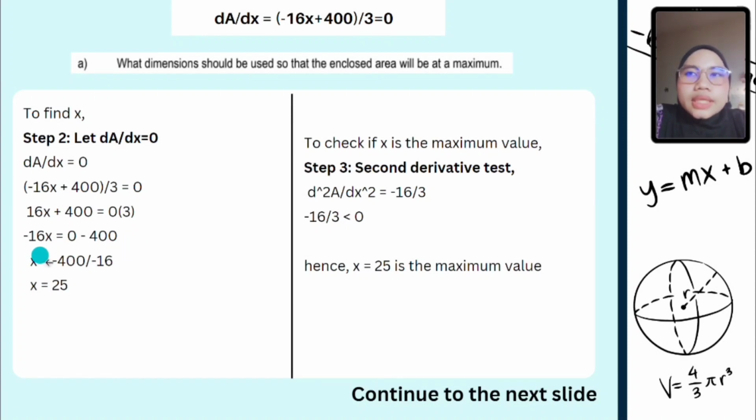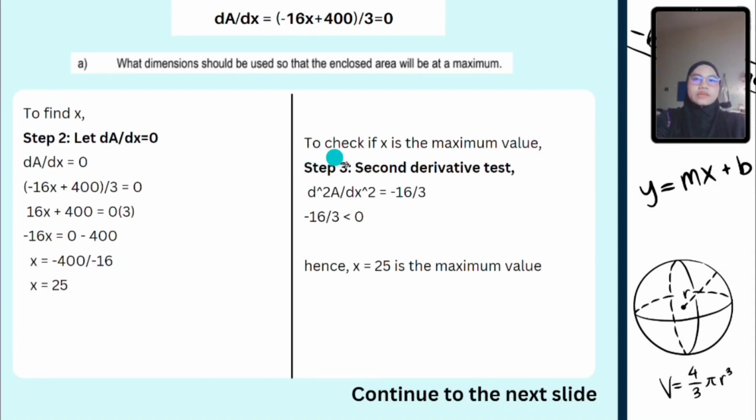Then negative 16x plus 400 equals 0 times 3. That makes negative 16x equal to 0 minus 400. Next, x equals negative 400 over negative 16, and the final answer for x is 25.